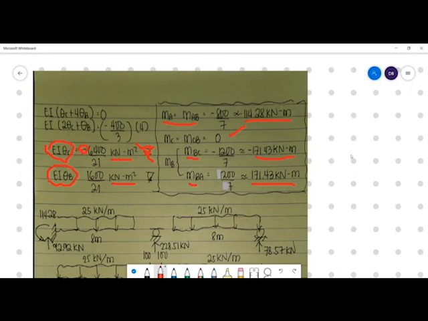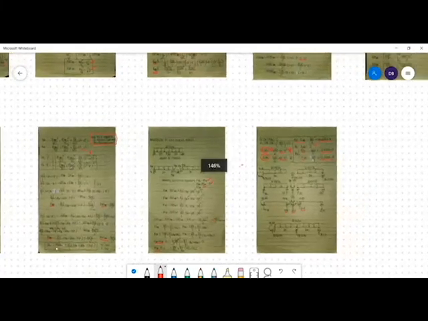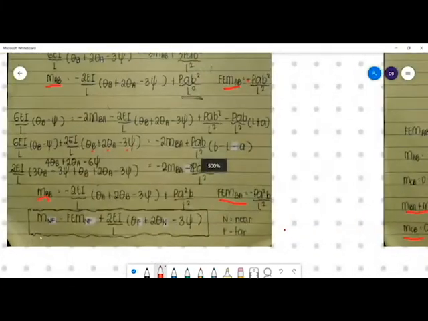Okay, another thing, no? Some final notes. So slope deflection method, no? To determine the moment, we try first to remove all the degrees of freedom. Ano yung sinasabing degrees of freedom?